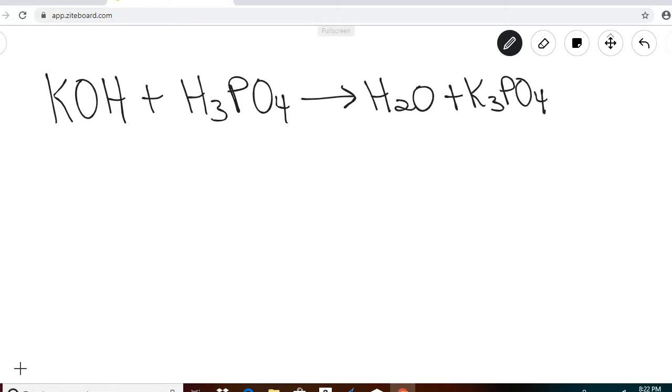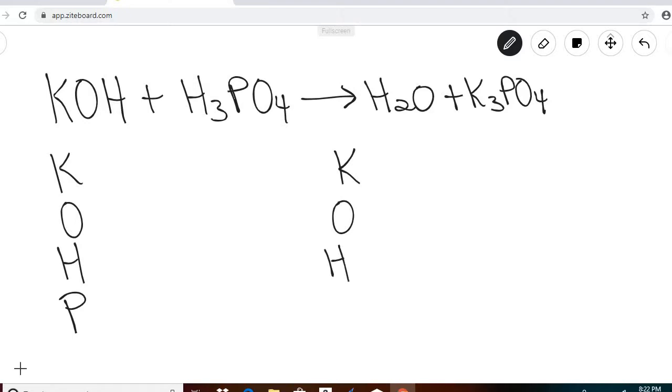Okay, so on each side we have potassium, oxygen, hydrogen, and phosphorus. So let's see where we are when we start. Potassiums, we have 1 on this side, and we have 3 over here.